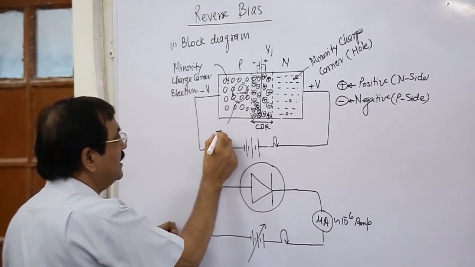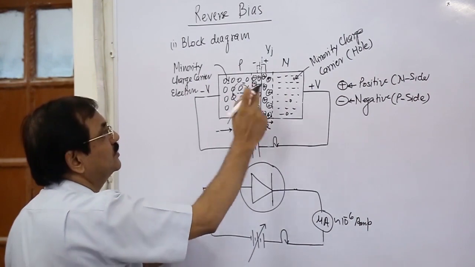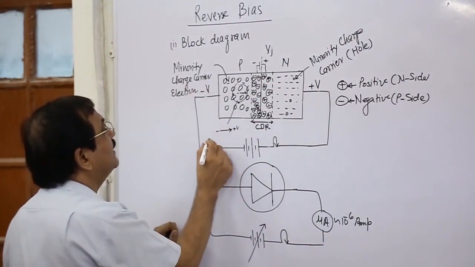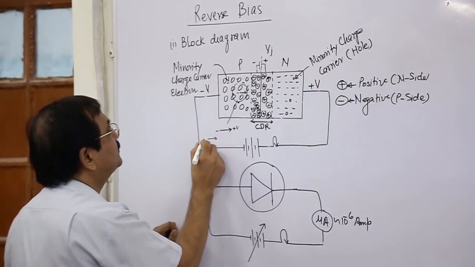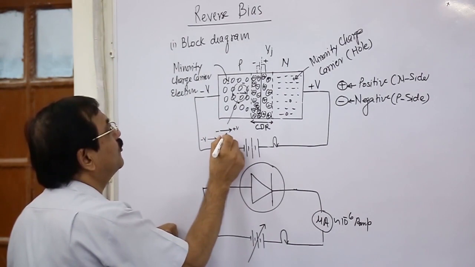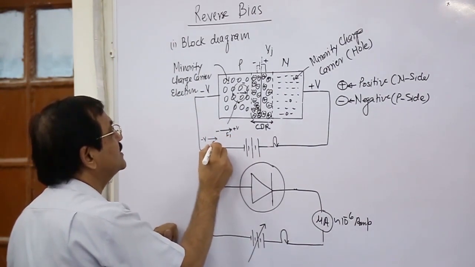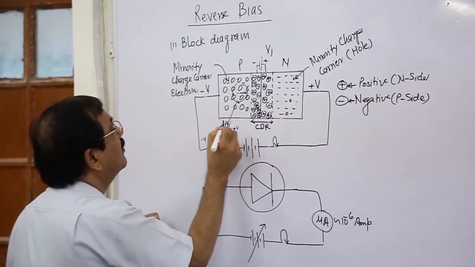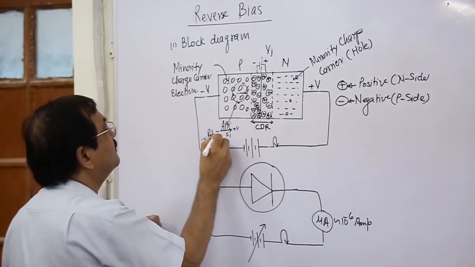This electron experiences a force due to this positive potential, and here a repulsive force due to the negative potential. So we have a force F1 and a force F2. This force is attractive while this force is repulsive.